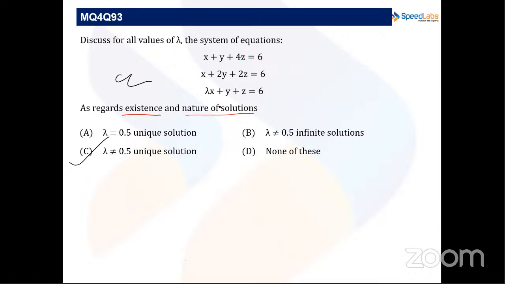Okay, we can find the determinant with rows 1 1 4, 1 2 2 and lambda 1 1. So this should be not equals to 0 for a unique solution. So let's check it.